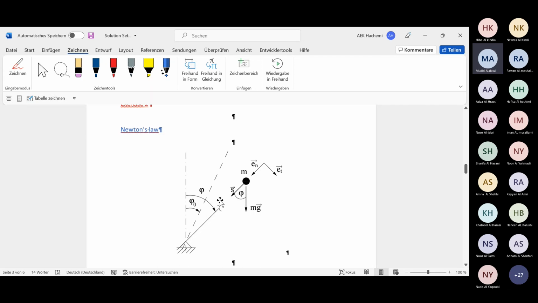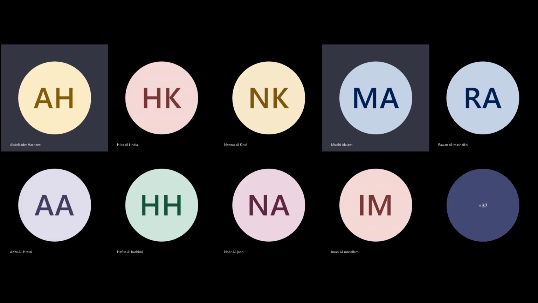With Newton's law we do the equilibrium condition. We know that the sum of the forces is equal to the mass multiplied by the acceleration. This is Newton's law.